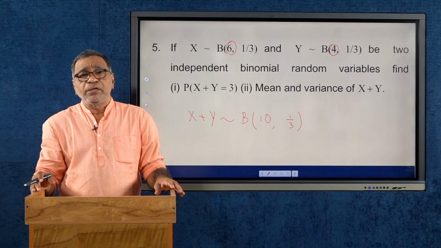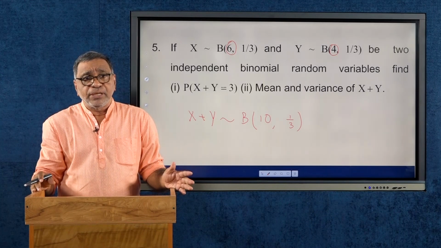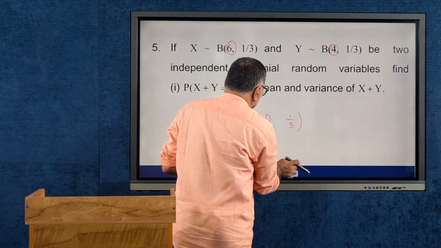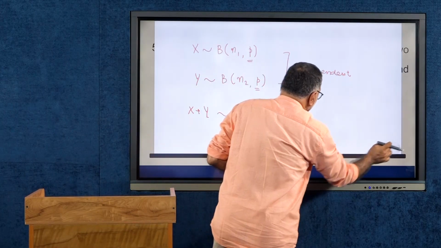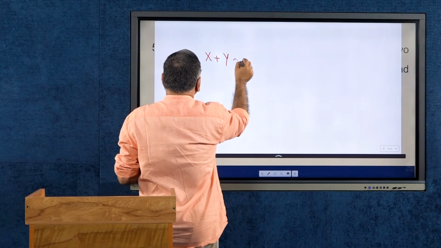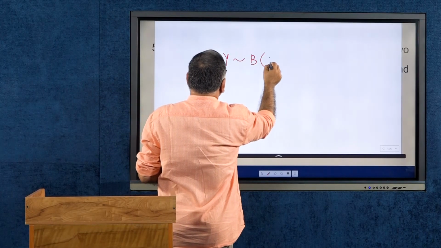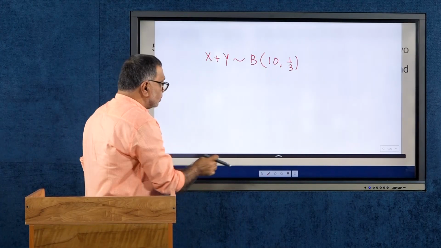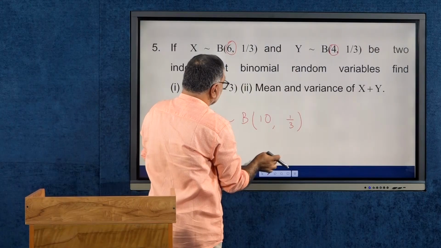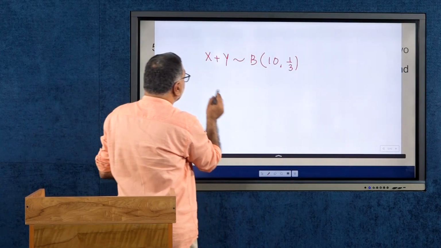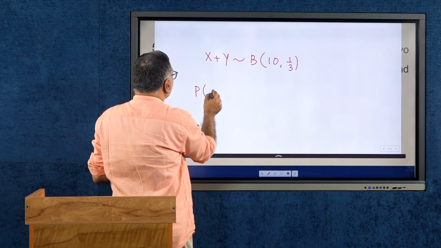Then the remaining aspects we can find very easily. Remember, you are given x plus y follows binomial with 10 and 1 by 3, which is the result we obtained. Now the question is, find the probability of x plus y is equal to 3.